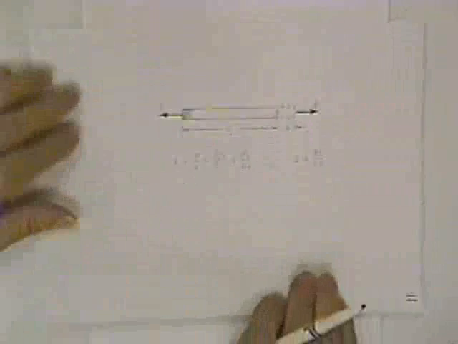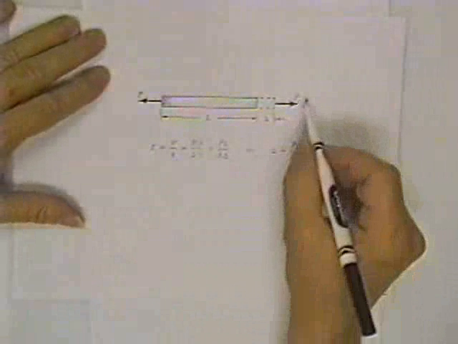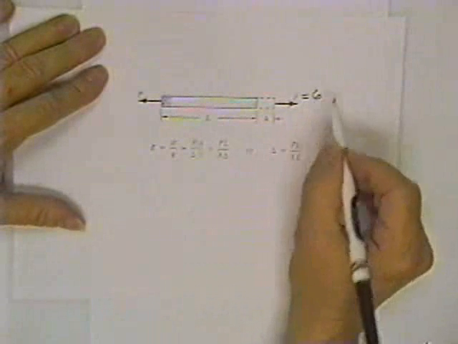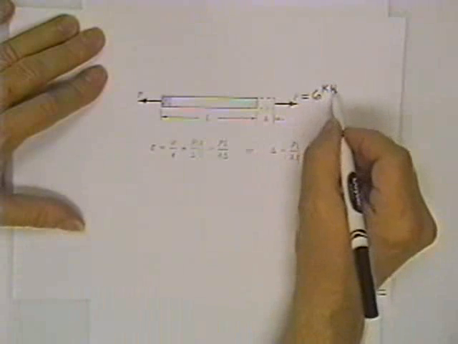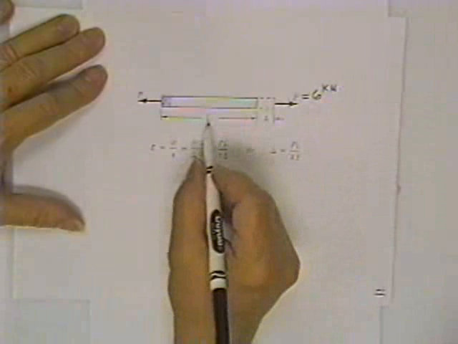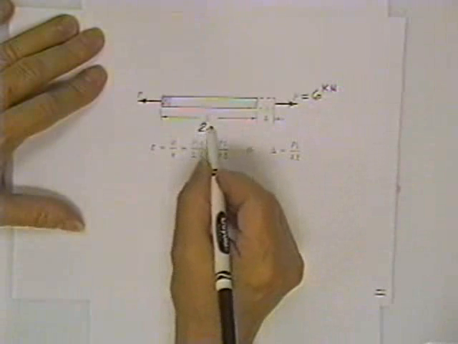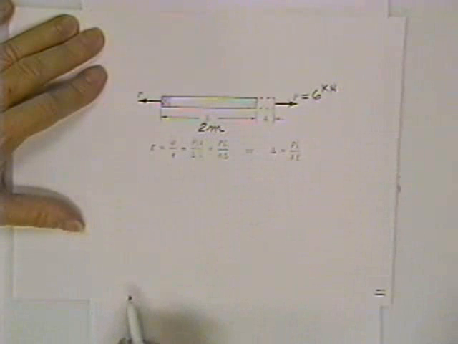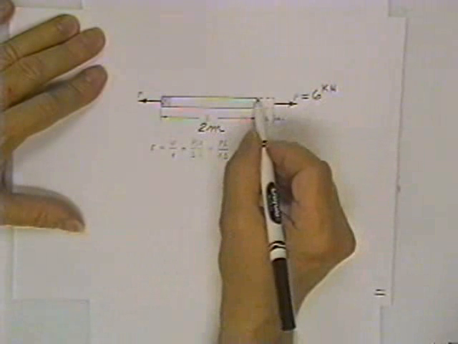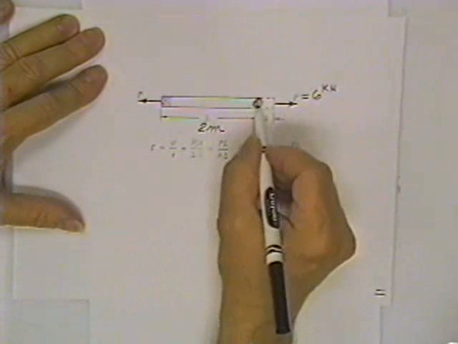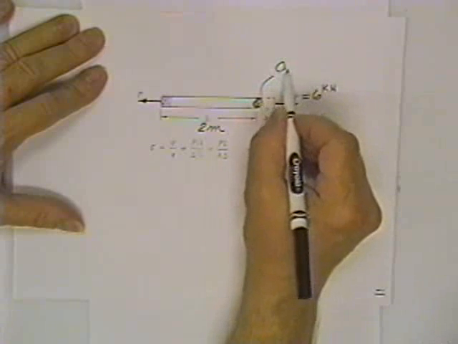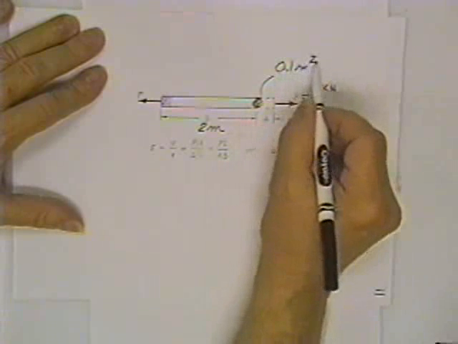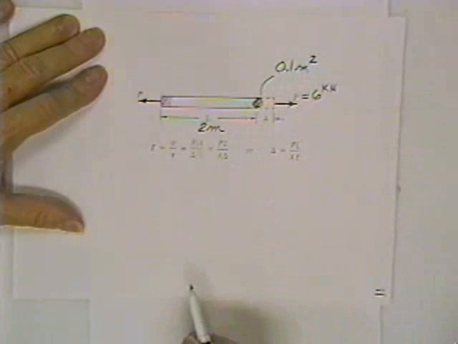So for example, if you put a load P of 6 kilonewtons on a bar that is originally 2 meters long and had a cross-sectional area of 0.1 square meters, then you should be able to find the stress.